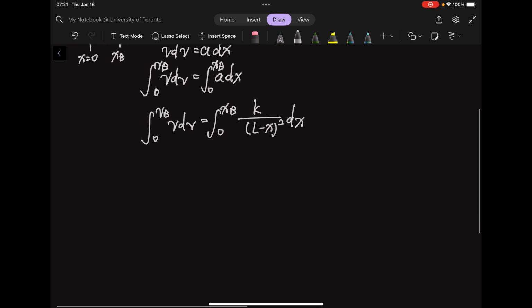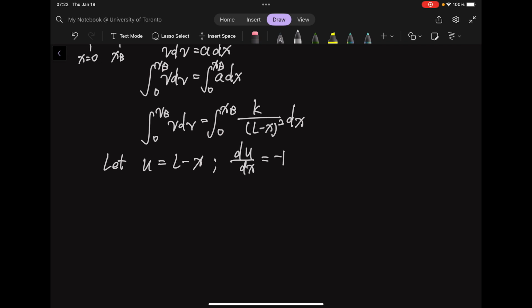Here we need to use the substitution method. We let u equal L minus x, take the derivative, which gives k over u. So we can solve this equation.